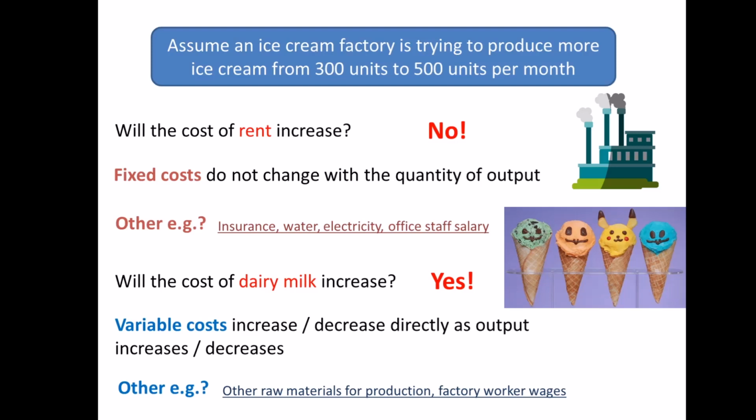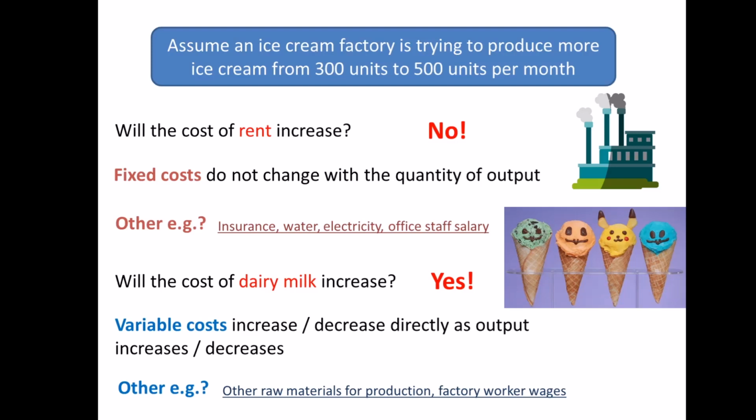When you talk about variable costs, think about this. Use this case as an example: if you are trying to produce ice cream, you need raw material. When you need to produce more ice cream, you need more milk. That is your variable cost, your raw material.